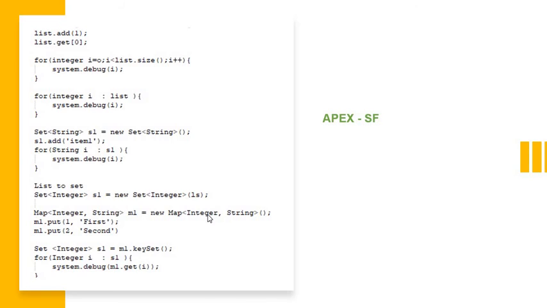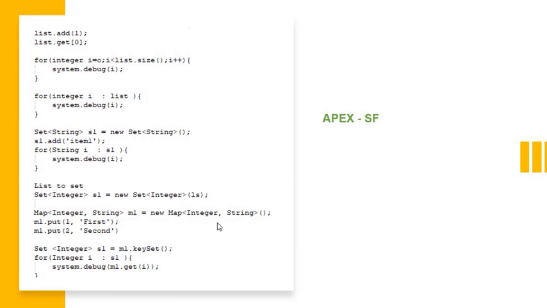A department can have a number of employees. For the HR department, create a list of employees and keep adding employees to that list. HR is the key and the value is a list of employees. Similarly, for the lab department, lab is the key and a list of employees is the value. That is the scenario where you need to use a map.